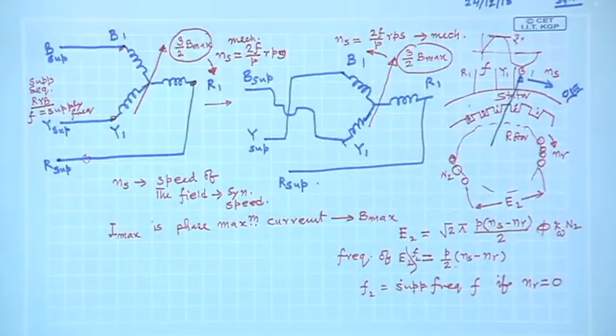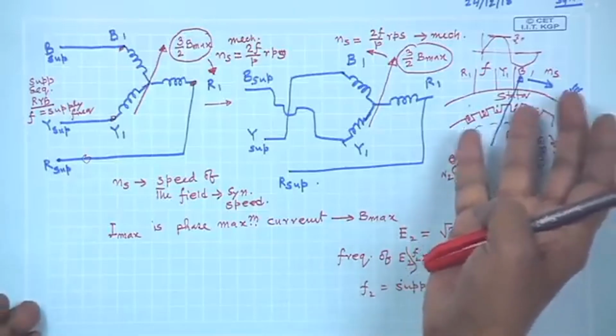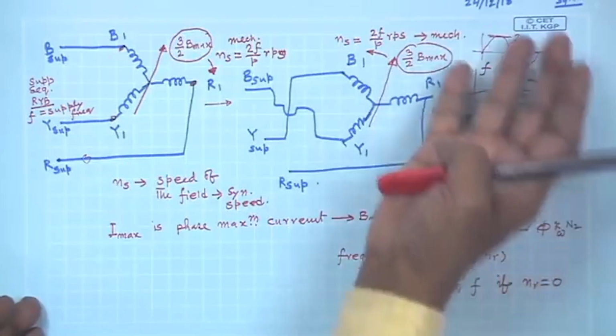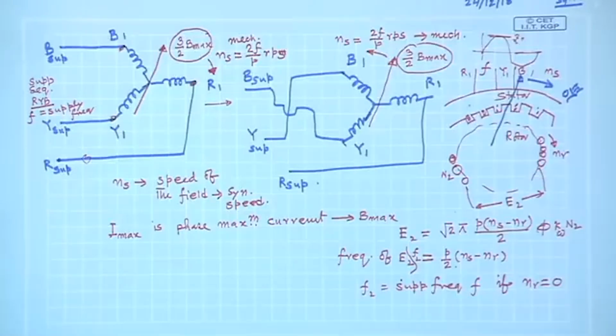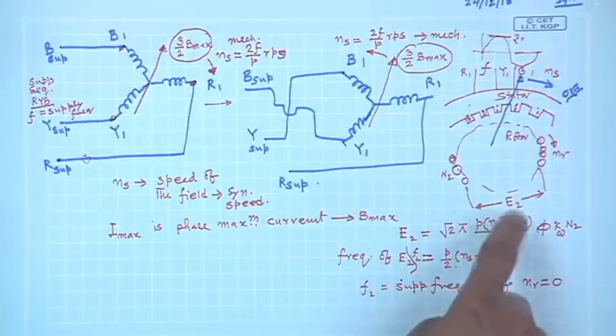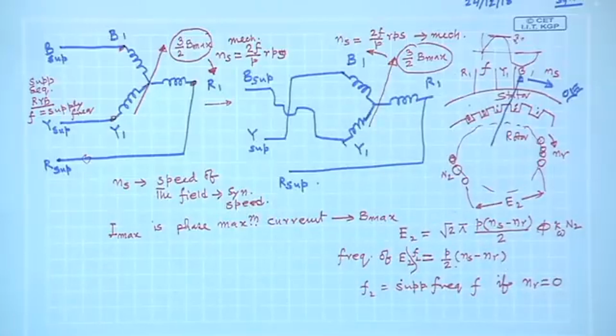See, we have looked at the transformer, you energize the primary winding with frequency f, the induced voltage in the secondary will be of the same frequency. But here, if you regard the stator coils to be your primary where you are connecting supply, and rotor coils to be your secondary, we immediately notice that if the rotor rotates, then the frequency of the rotor voltages and the applied voltage on the stator will be different.